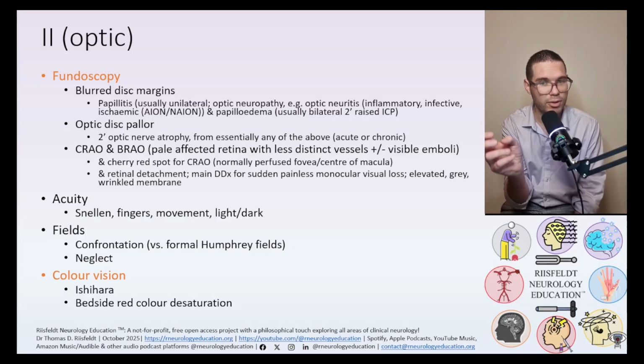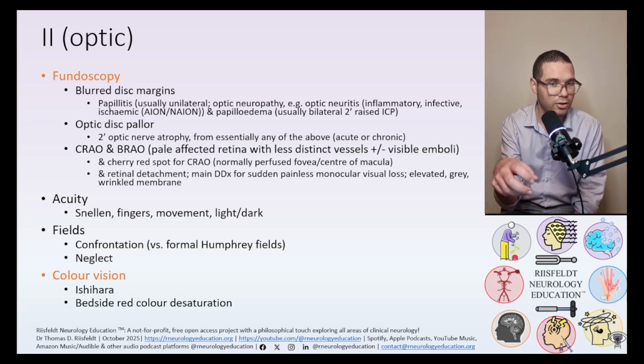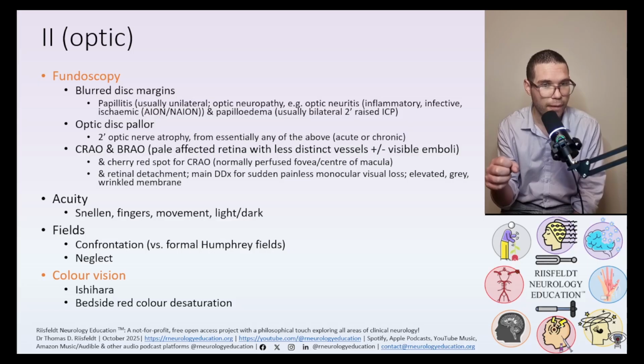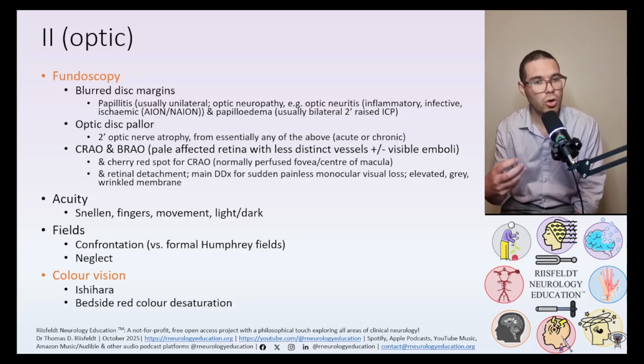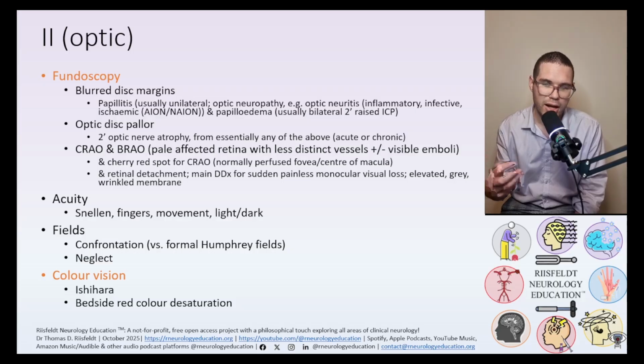So it's inflammation, but it's inflammation not in the nerve, it's inflammation in the blood vessel supplying the nerve, so that the nerve then becomes ischemic. Or it could be non-arteritic ischemic optic neuropathy, so that would include atheromembolic, small vessel ischemia, and the like.